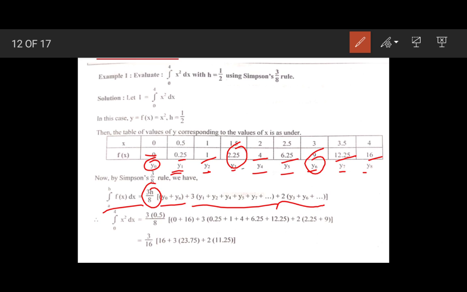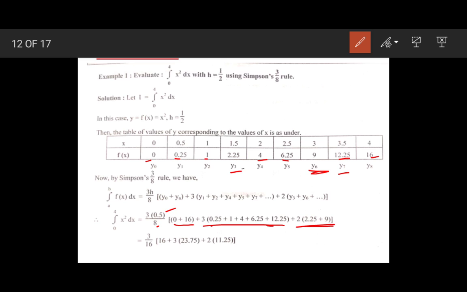Now we are going to substitute the values. So 3 into h, which is 0.5, upon 8 into 0 plus 16, first value plus last value, plus 2 into y3 plus y6 values, so 2.25 plus 9, plus 3 into remaining terms: 0.25 plus 1 plus 4 plus 6.25 plus 12.25.